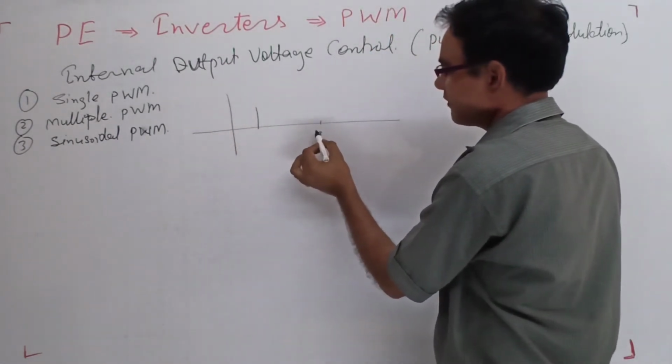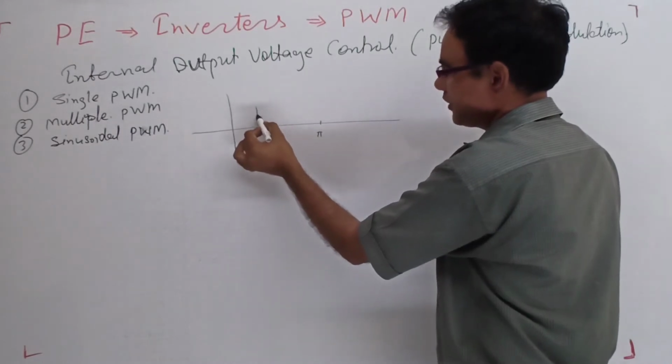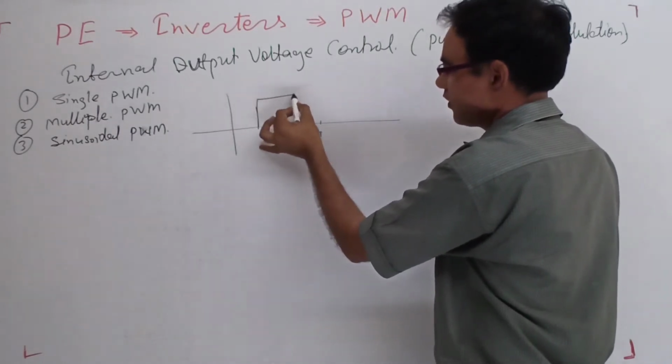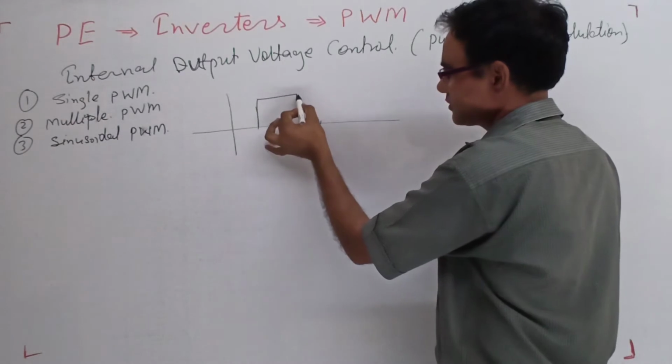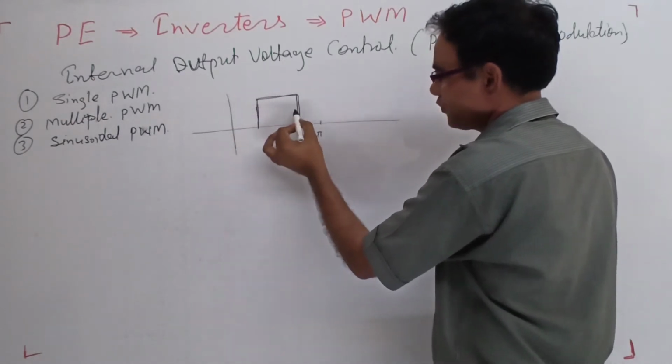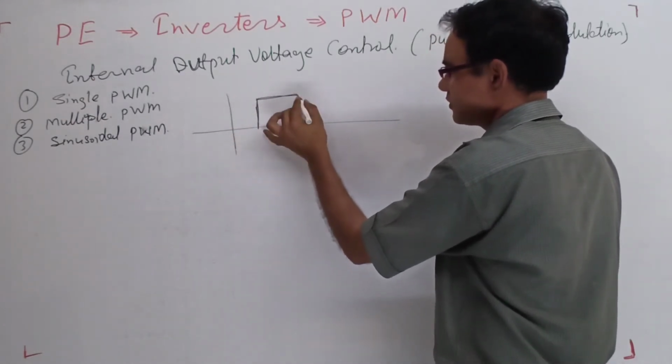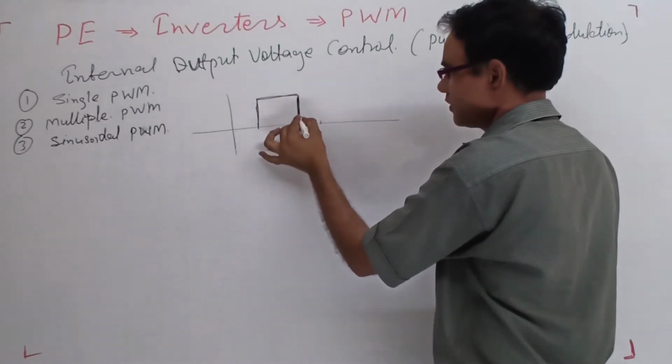This is a pi interval. So in the positive half, this is the pulse. This is the width of the pulse.